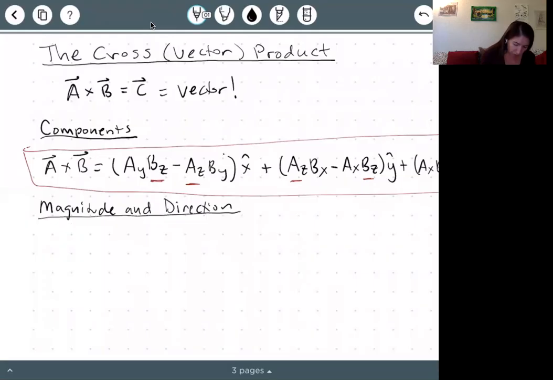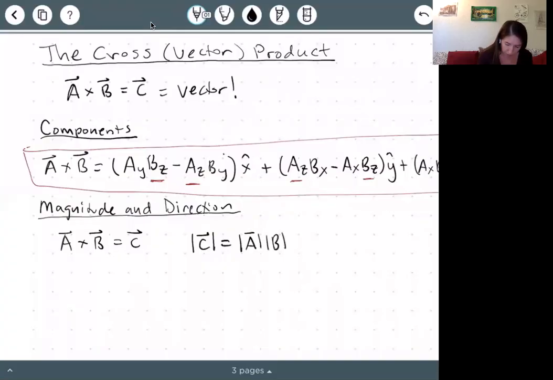Okay, so if we're computing A cross B, and I'm going to call this new vector C, then the magnitude of C, which is the result of the cross product, is equal to the magnitude of A times the magnitude of B times sine of the angle between them. And that's if this is A and this is B, then theta is the angle between them.